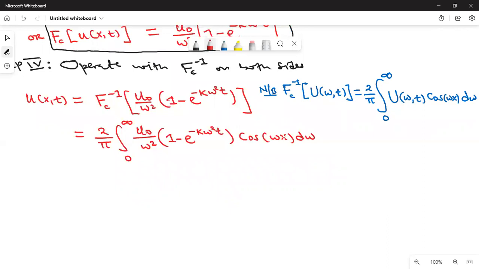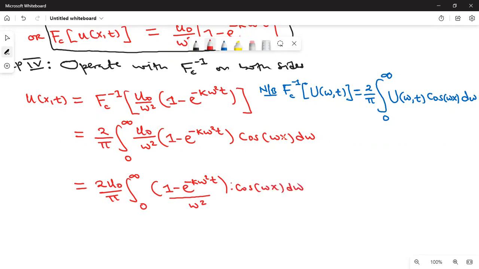And you see u naught is a constant, so this can as well be written as 2 u naught over pi, the integral from 0 to infinity of 1 minus exponential negative k omega squared t, times, this is over omega squared, times cosine of omega x d omega.